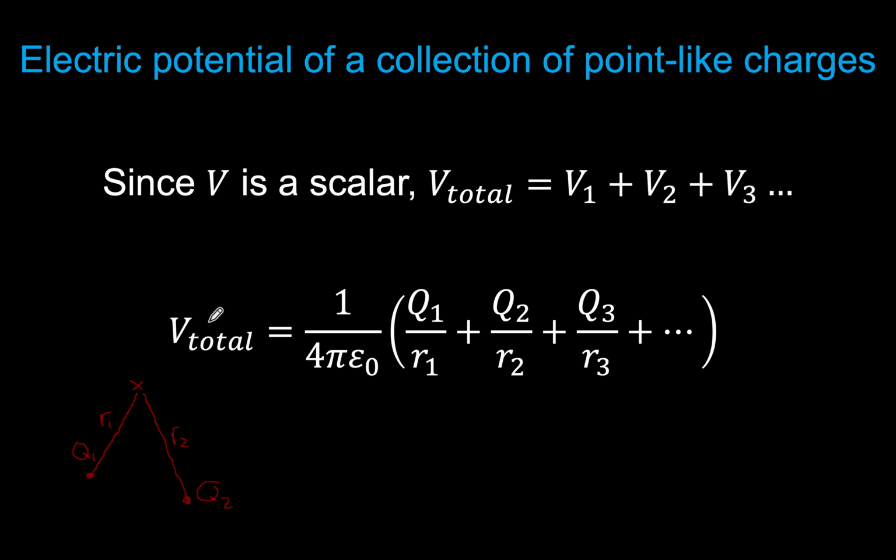The sign of our electric potential certainly can be negative, but that's going to depend on the signs of our charges, not on these. These are just the magnitudes of the separation between our charges and the location at which we are calculating the total electric potential.